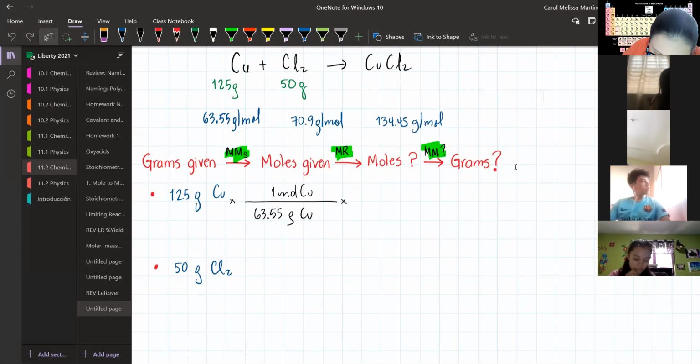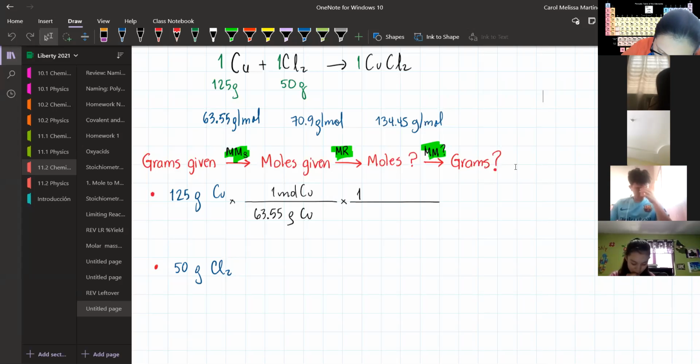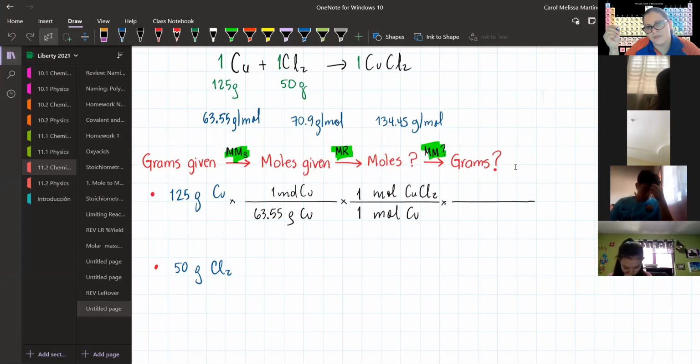Then it says that I need molar ratios between the given and the unknown. All my ratios are invisible ones. So this molar ratio is 1 mole of copper against 1 mole of copper 2 chloride. That's why this exercise was easy, because the molar ratios are 1 to 1. And in the last step, the molar mass of the unknown.